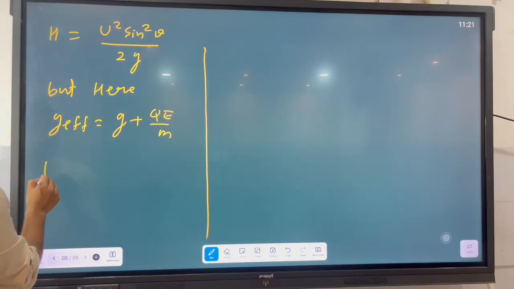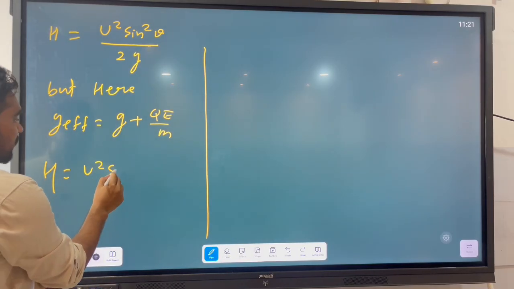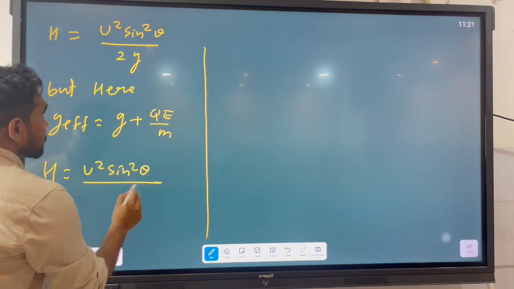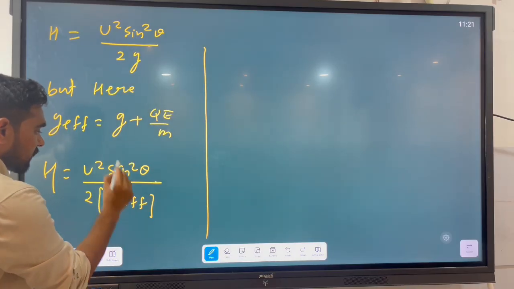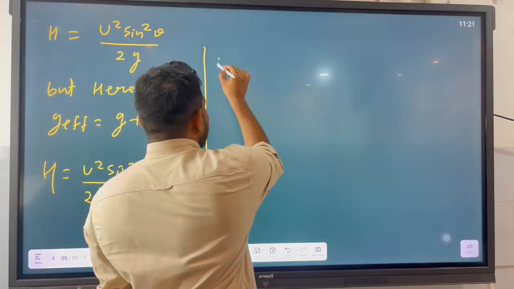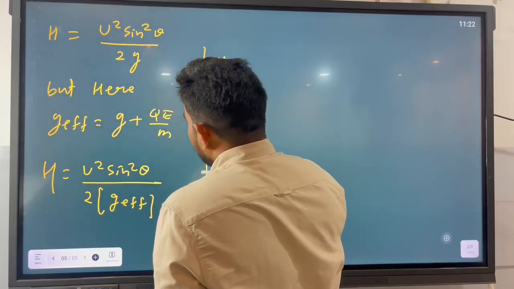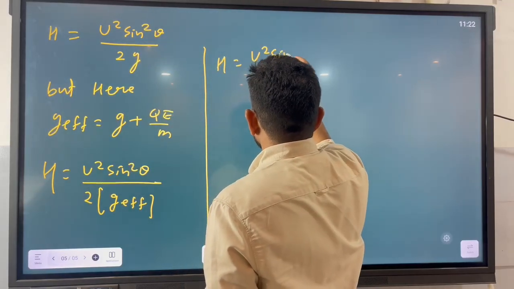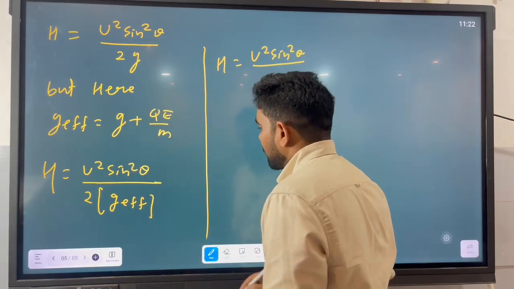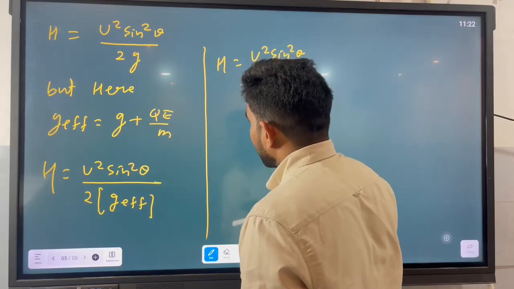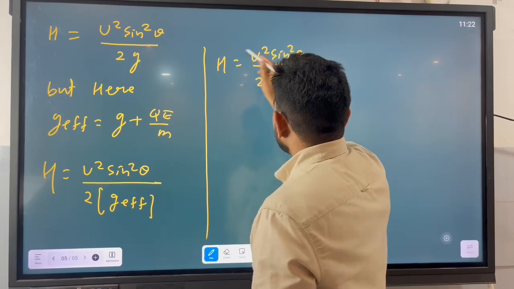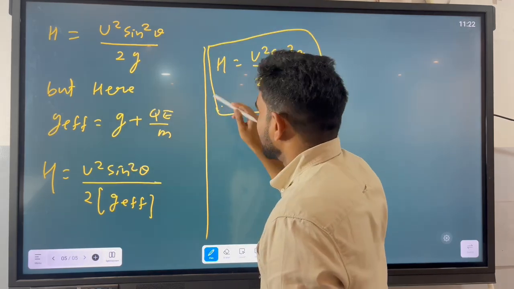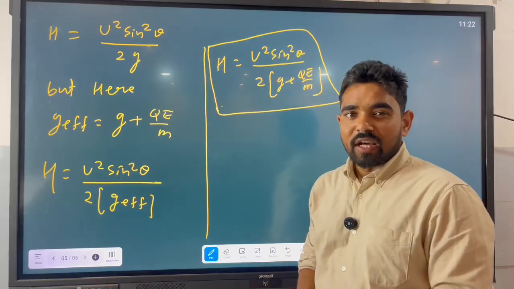So the height of projection is u square sin square theta divided by 2g effective, which gives u square sin square theta divided by 2 times the bracket g plus QE divided by m. This is the most important logic for projectile motion.